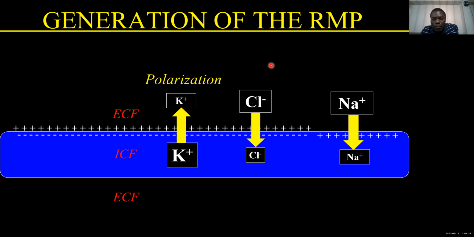The outside of the cell will be more negative. So sodium causes the inside of the cell to be more positive and the outside of the cell to be more negative. Because sodium is positively charged, it's taking positive charges into the cell.